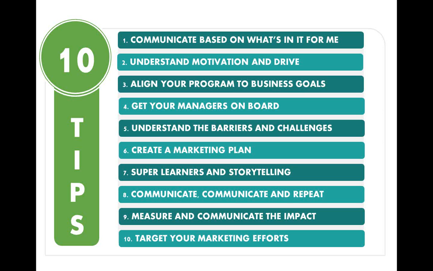And now we have to build a marketing plan, which requires us to find our super learners and tell great stories. Then we have to communicate, communicate, communicate, and repeat the communication. There's an old marketing saw called the rule of 3s and 11s, and that really comes into play there.